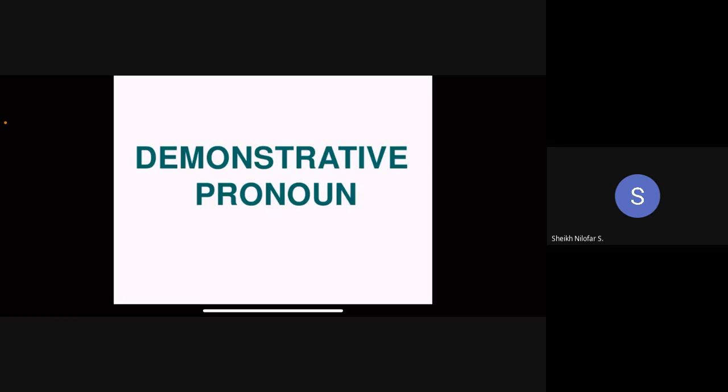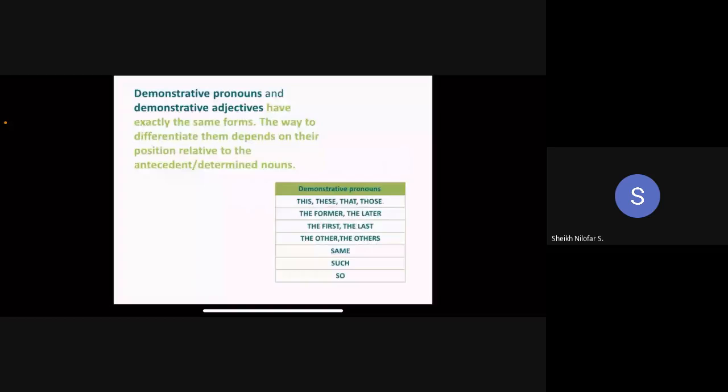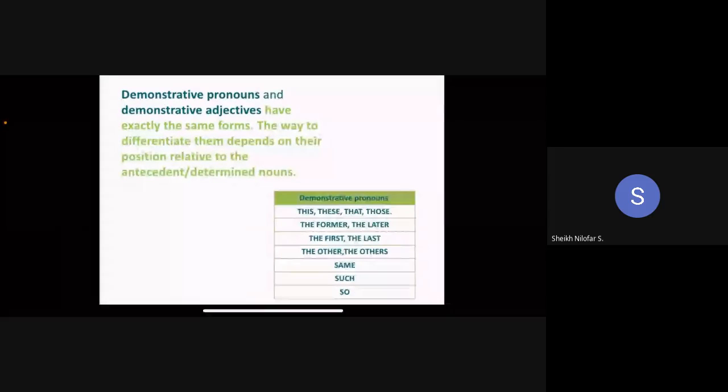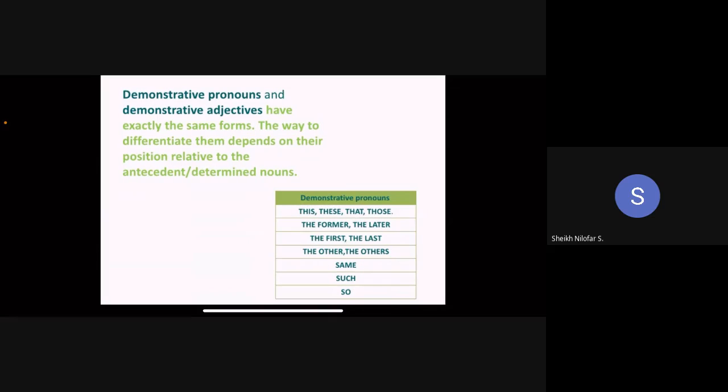Demonstrative pronoun. Demonstrative pronouns and demonstrative adjectives have exactly the same form. The way to differentiate them depends on the position relative to the antecedent or determining nouns.